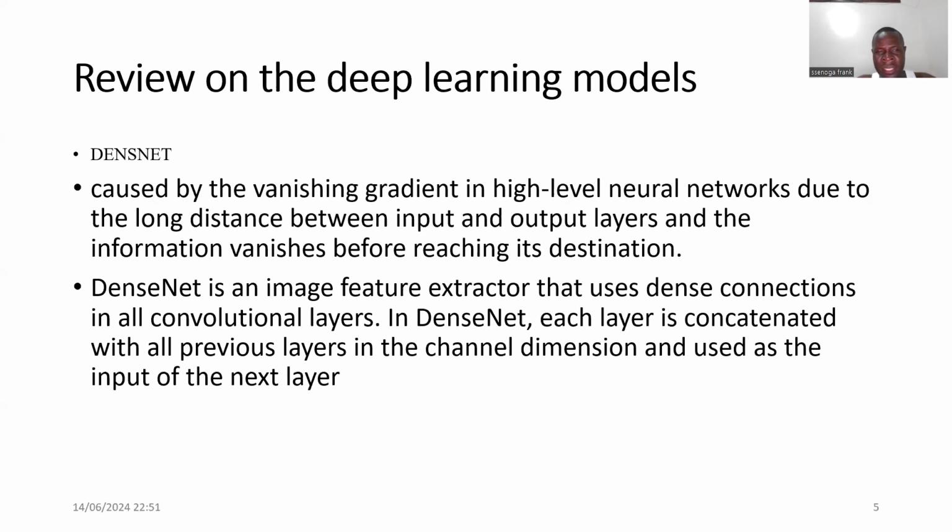It works like the ResNet, because its structure is almost the same. It has what we call dense convolutional blocks that really combat the problem of the vanishing gradient. So it also has what we call dense connections. Dense connections are more of the skip connections that exist in the ResNet.